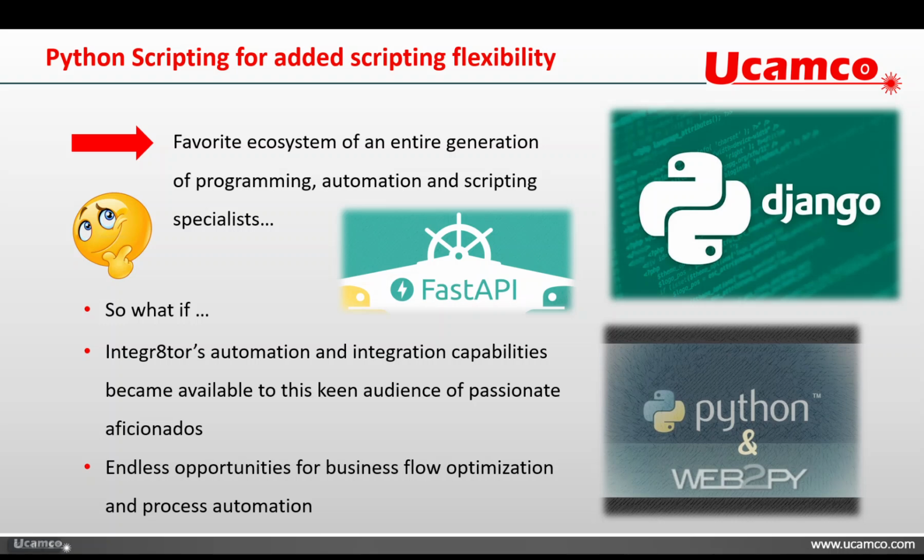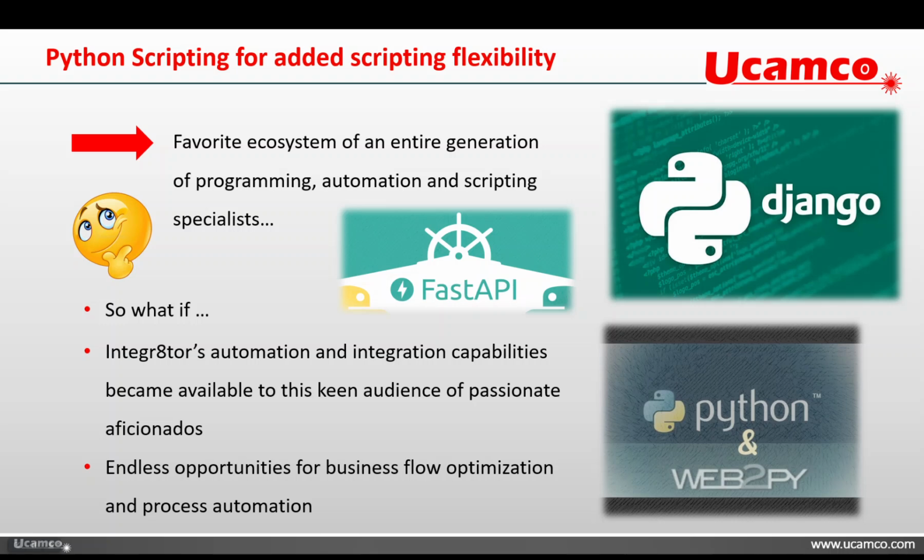You also have the possibility to actually intervene within the actual workflow process itself, where you can steer a job or modify a job underway while it is going through the analysis. All of these things have been possible before, but what we have now is that the steering of this whole automation at the end or within the workflow has now become accessible for this whole audience of passionate aficionados, as they are called here.